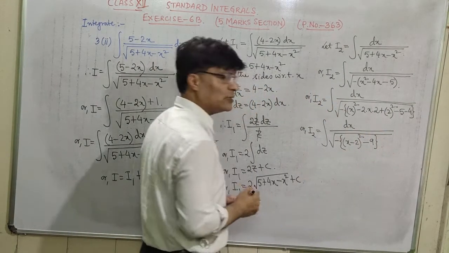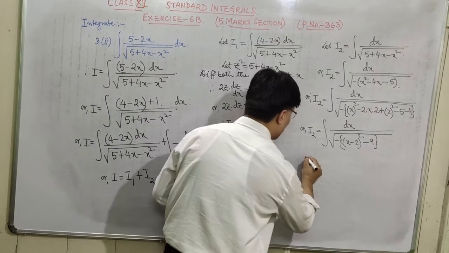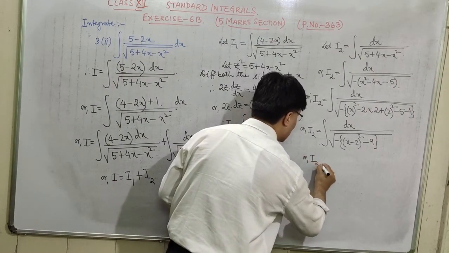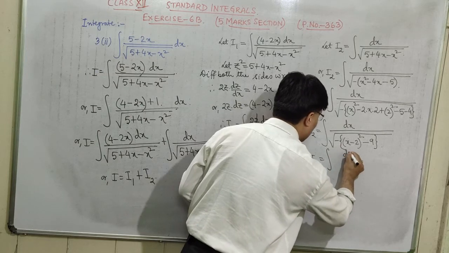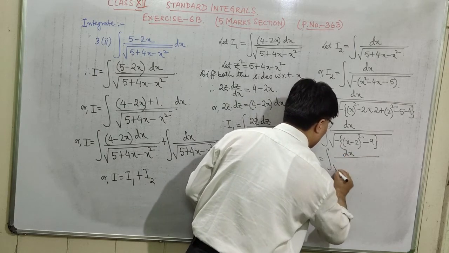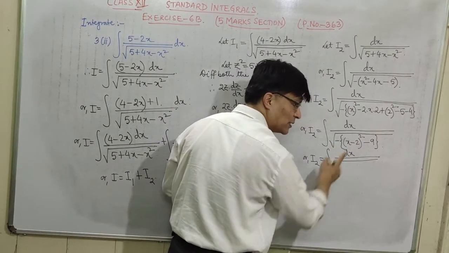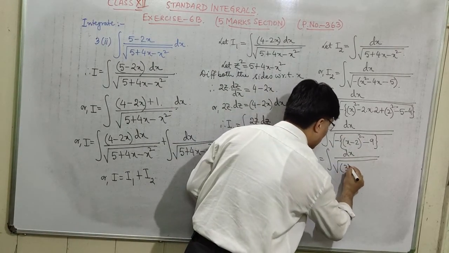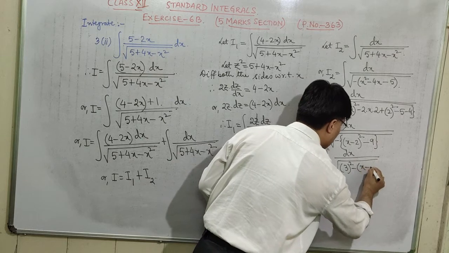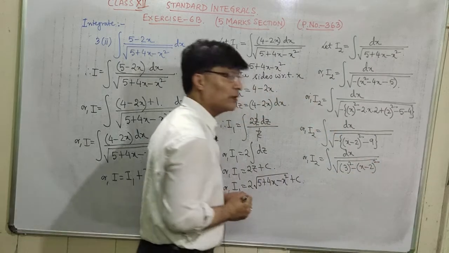So here the second bracket is closed. So you can write I2 is equal to integral dx divided by root over, let us multiply by the minus sign here, minus into minus plus 9. So 9 here is 3 whole square minus x minus 2 whole square.